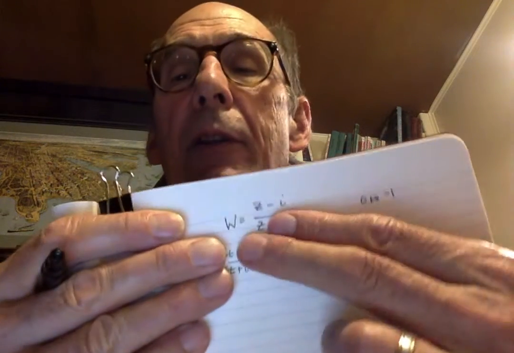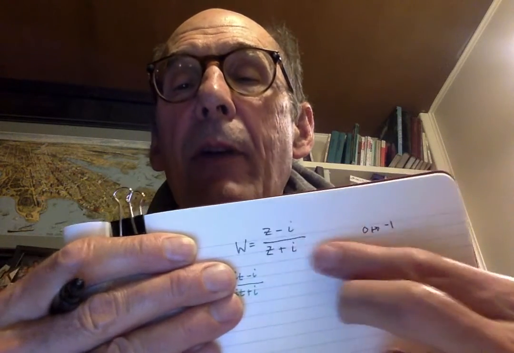first of all, when z is 0, then w is minus 1. So if you look at the function, you've got z is 0, you've got minus i over i, so that's just minus 1. And 1, we'll come back to 1 because it's more interesting to see what gets sent to 1.